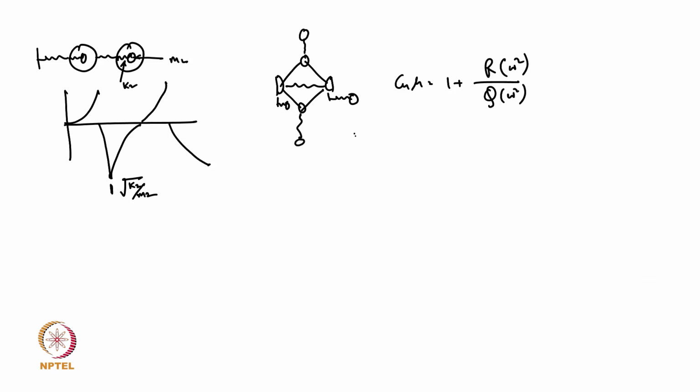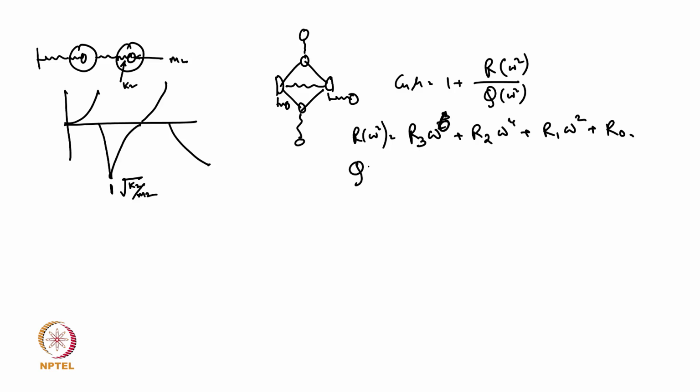q of omega square. So r of omega square can be written this way: r3 omega to the power 6, plus r2 omega 4, r1 omega square, plus r0.